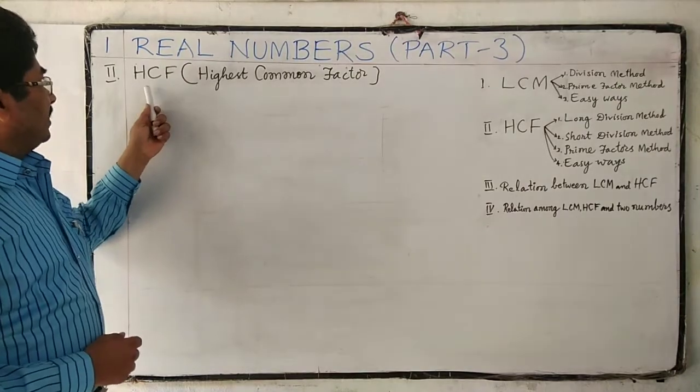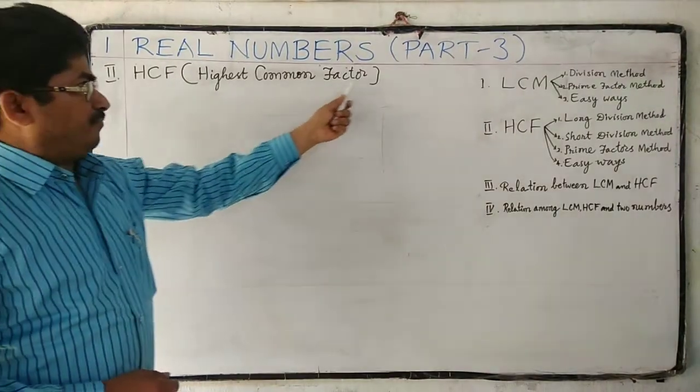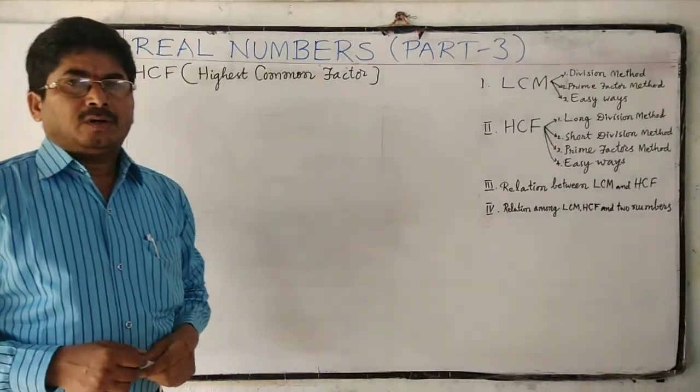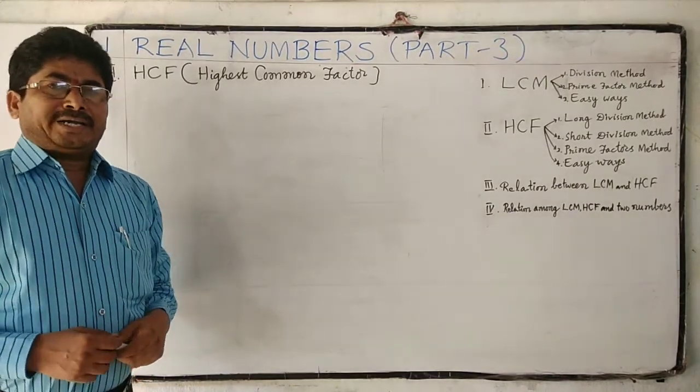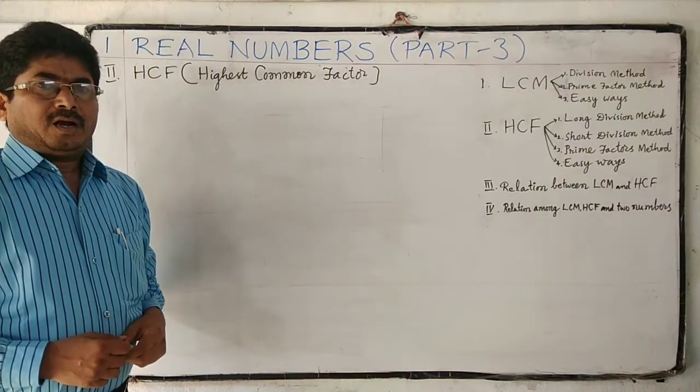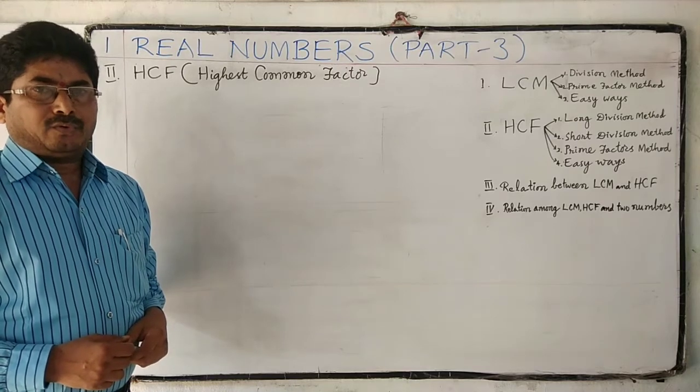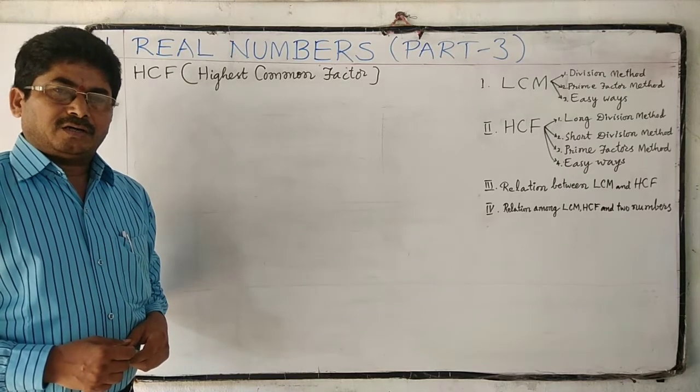Next, HCF, highest common factor. The highest common factor of two or more numbers is called HCF.